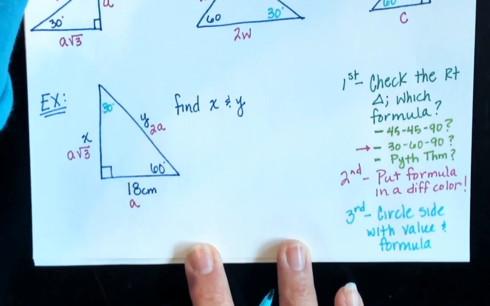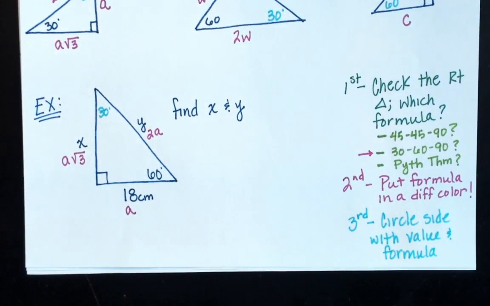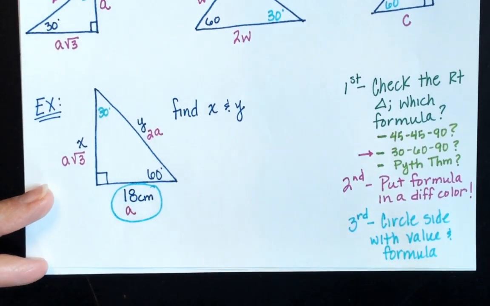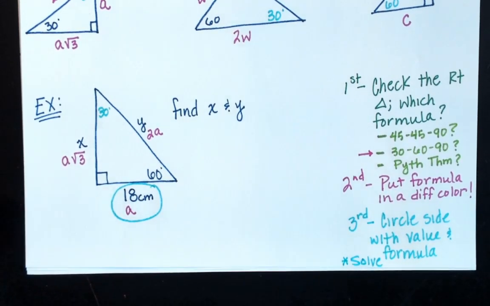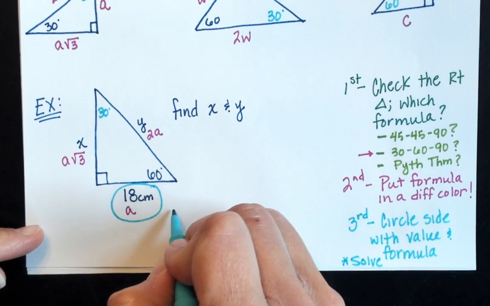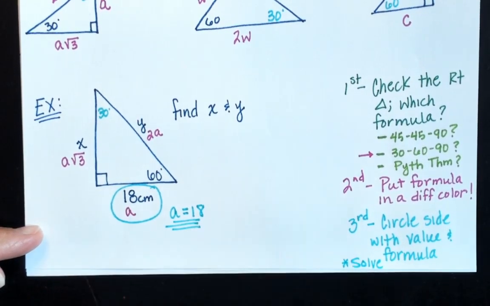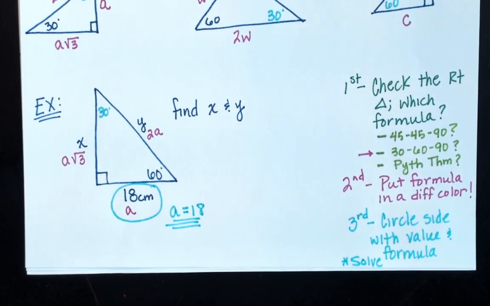So just like we did before, circle the side that has the value and the formula. And then solve. So A equals 18. There's nothing to solve. So everywhere we see A, we're going to plug in 18.